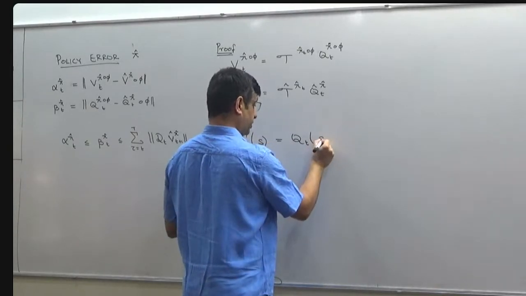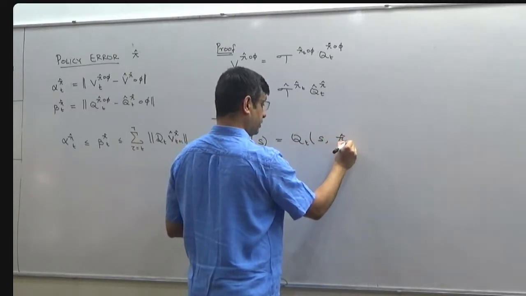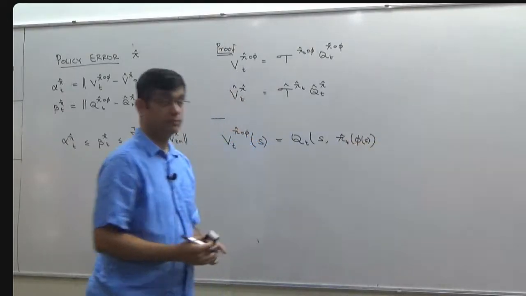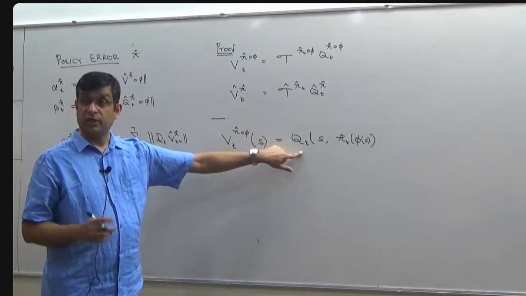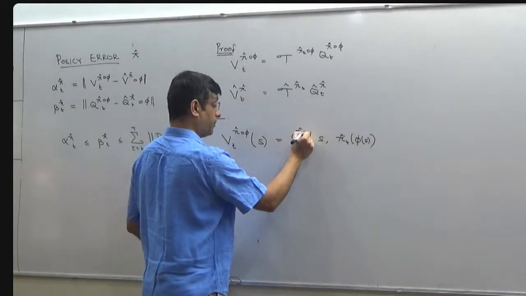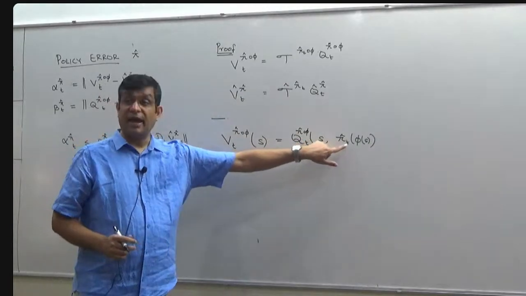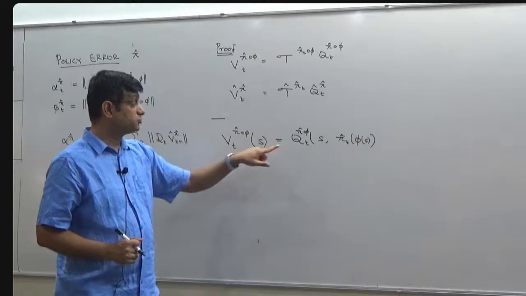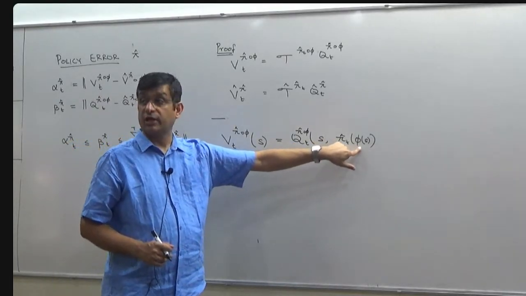This is saying I am going to look at the q function in the original model, the q function of pi hat composed with phi, at some s and a, and the action that I am going to pick is the policy pi hat t applied to the quantization of the state.